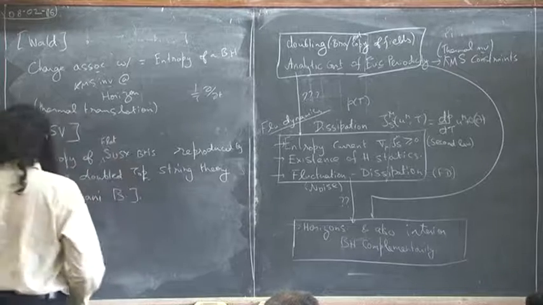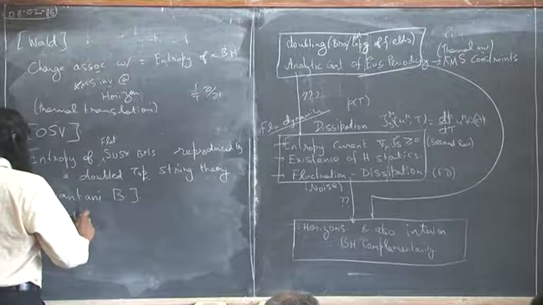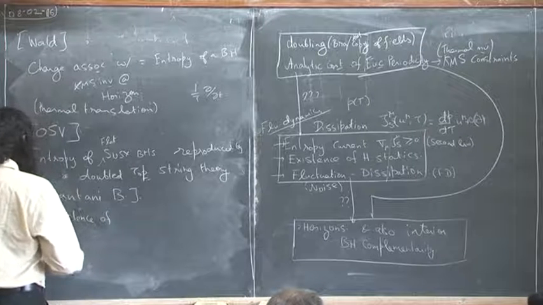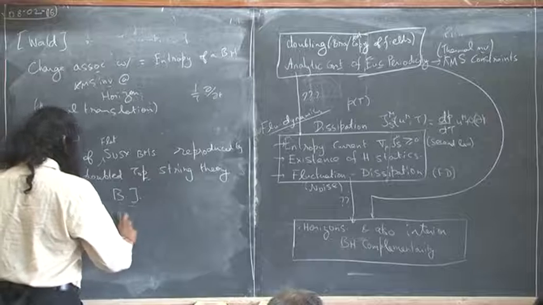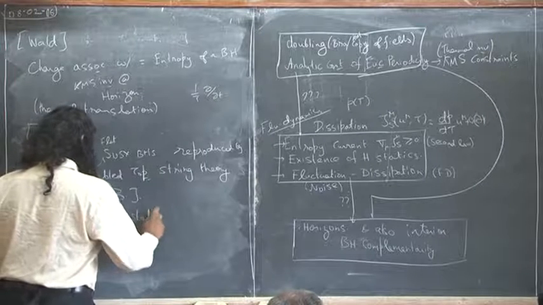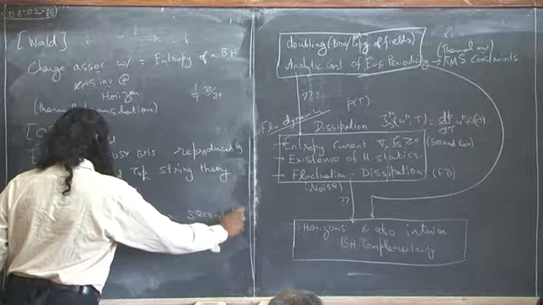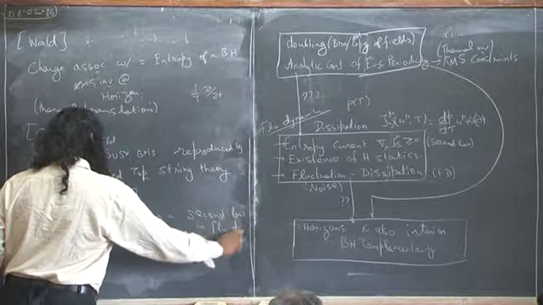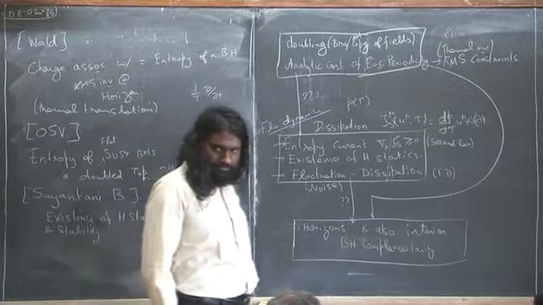One thing that she showed was that existence and stability of hydrostatics is the same as the second law, and in particular allows you to construct an entropy current.